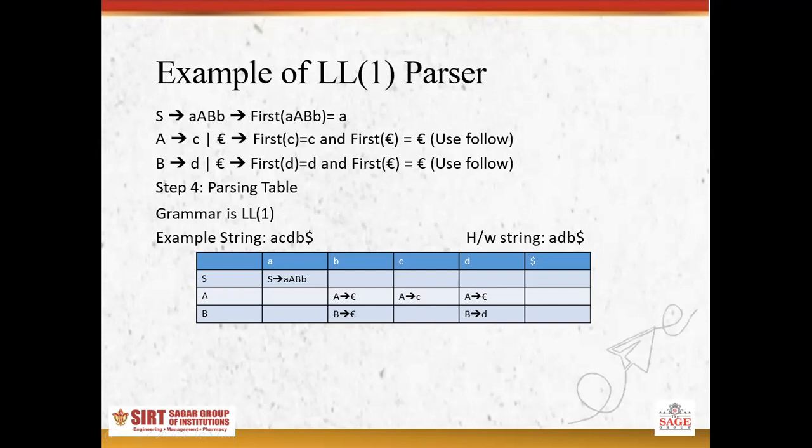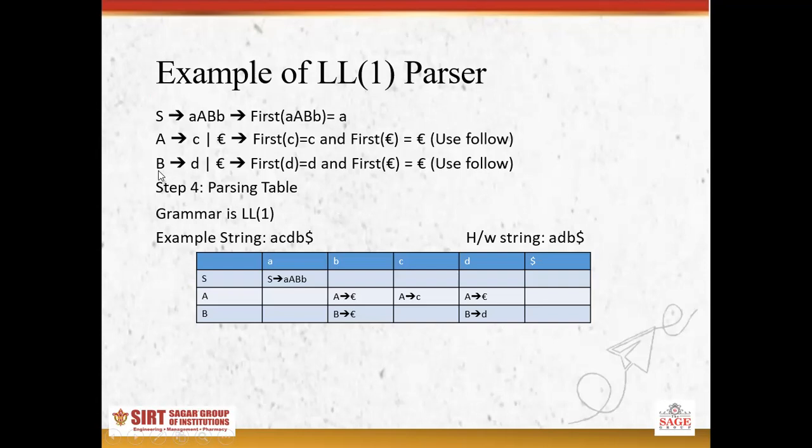Then we jump to epsilon, because epsilon is not a column here. So we put the A produces epsilon entry in the follow of A. What is the follow of A? Follow of A is b and d. So here we put A produces epsilon in both columns.